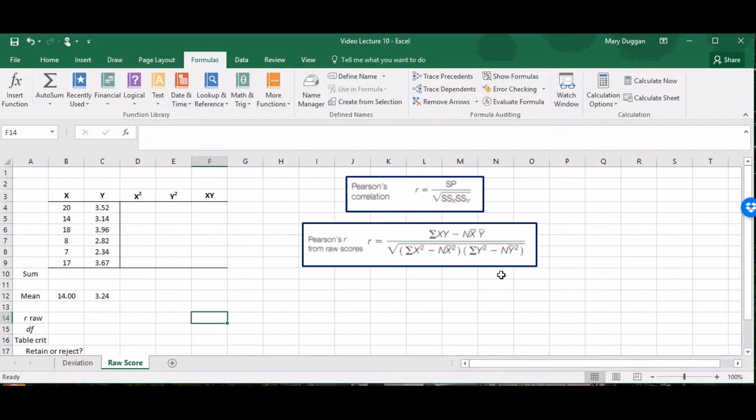So let's go ahead and fill these in, finding x squared first. All right, and I'm going to drag that down, and then I'm also going to find y squared.